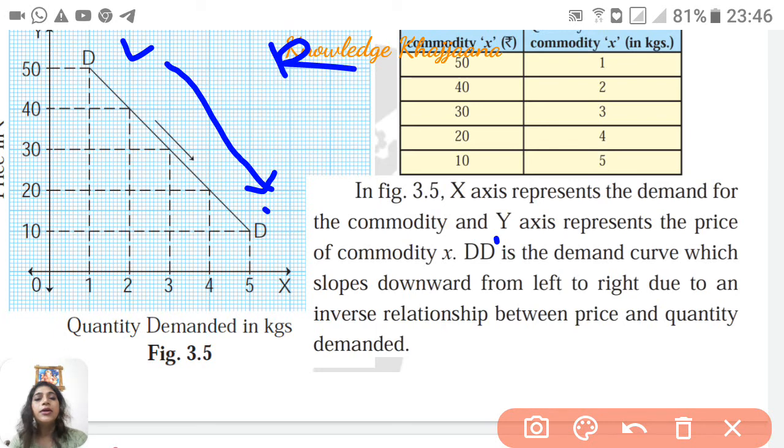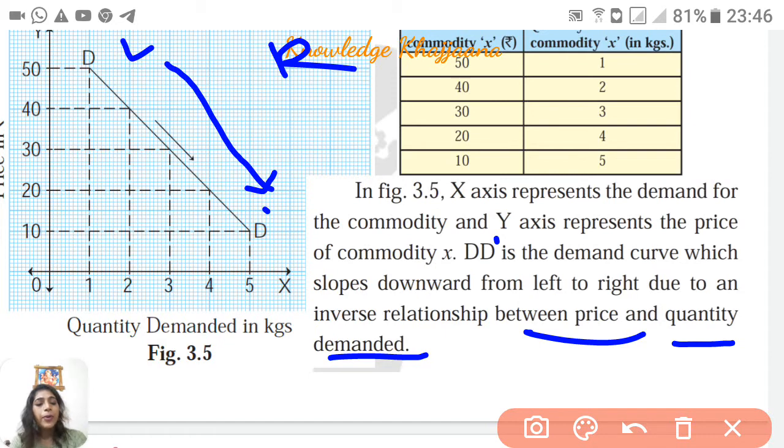This demand curve is sloping down from left to right. It shows that there is an inverse relationship between price and quantity demanded, which is the basic fundamental rule of the law of demand.